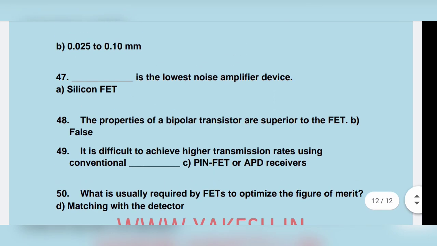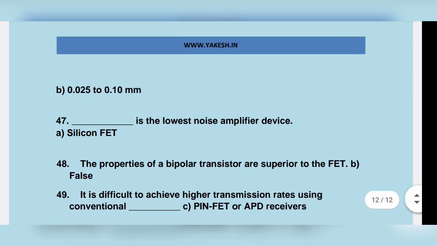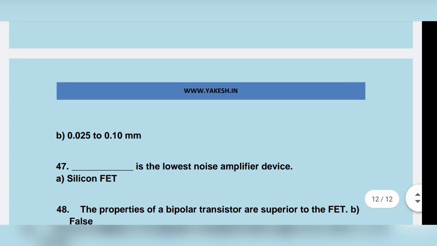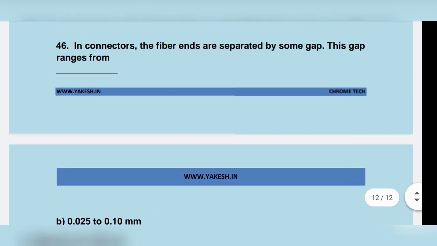Just a quick revision. What is usually required by FET to optimize the figure of merit matching with the detector?